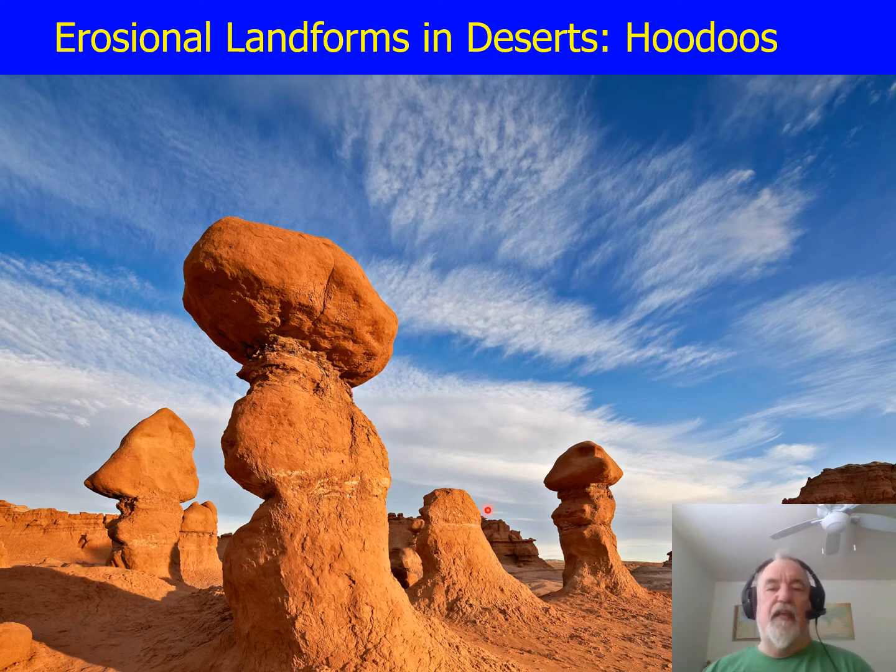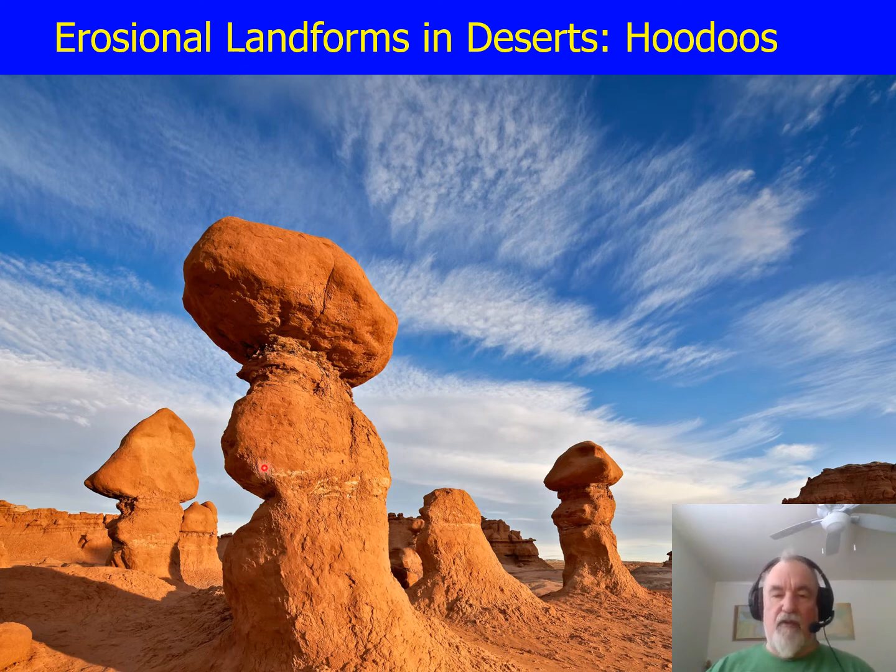So we can see landforms like hoodoos, and sometimes features called yardangs, where the lower few feet are etched, scratched by the sand being carried in the wind. So in this case right here, we see erosion of this level.